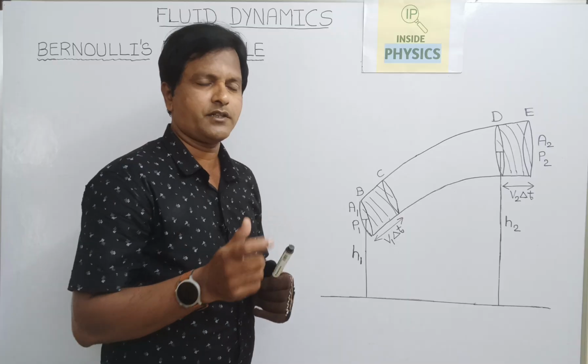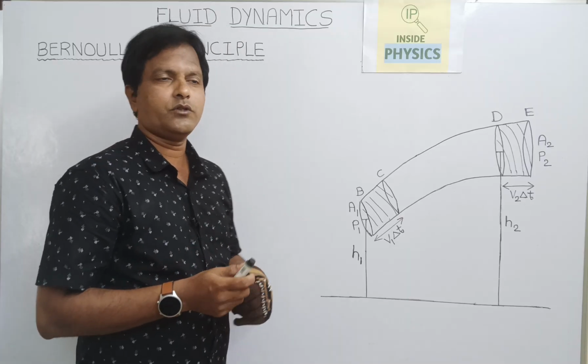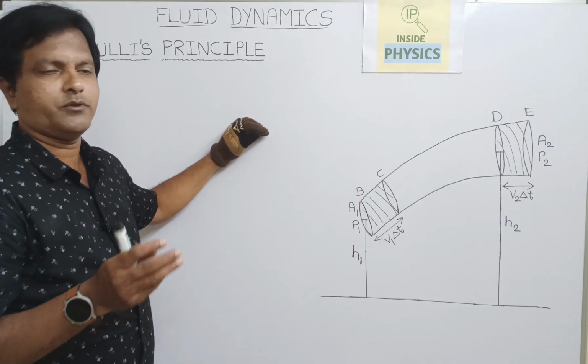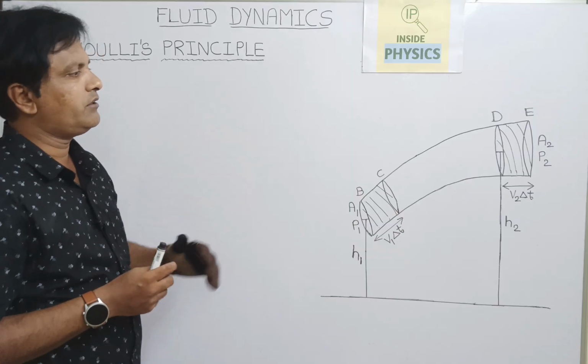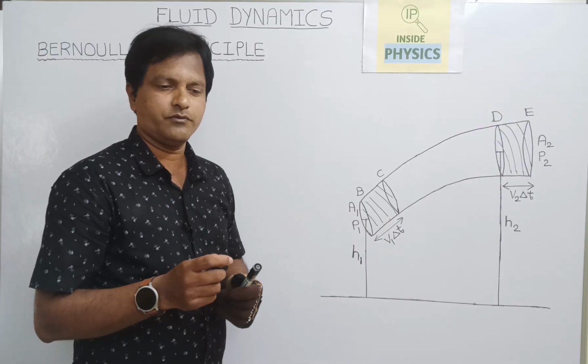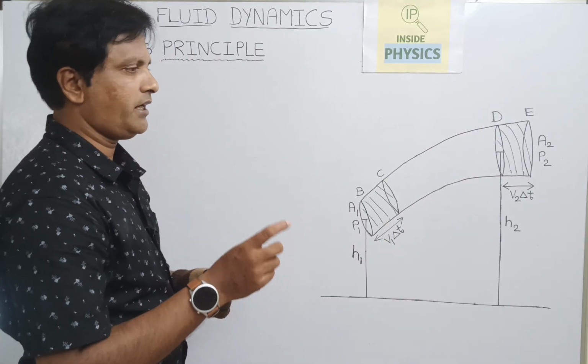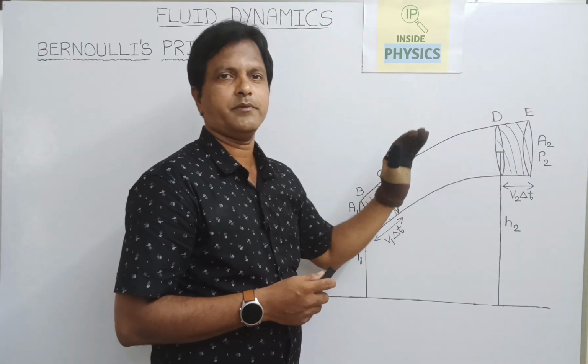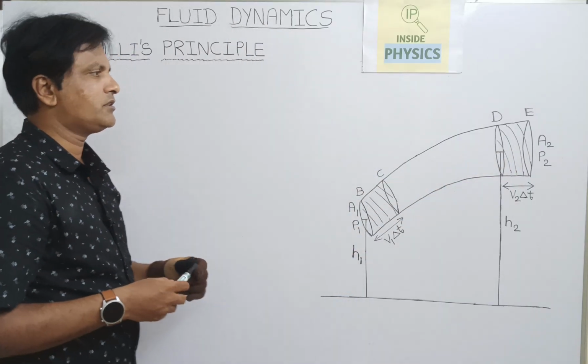So how to proceed here? We use the law of conservation of energy to relate pressure, kinetic energy and potential energy. According to Bernoulli principle, the total sum of the pressure, kinetic energy and potential energy is constant throughout this pipe. That is what the Bernoulli principle says.